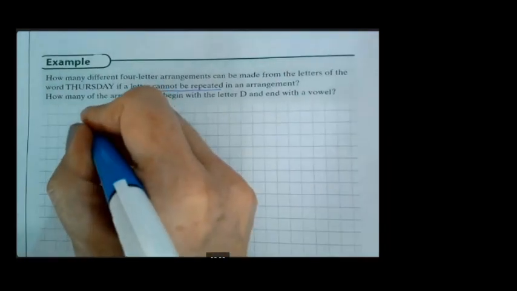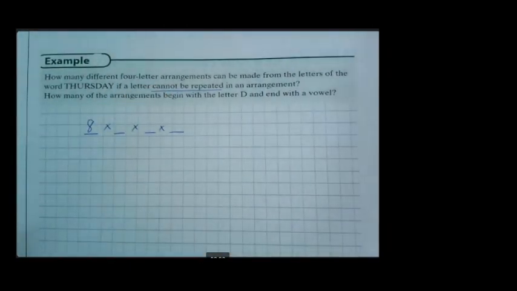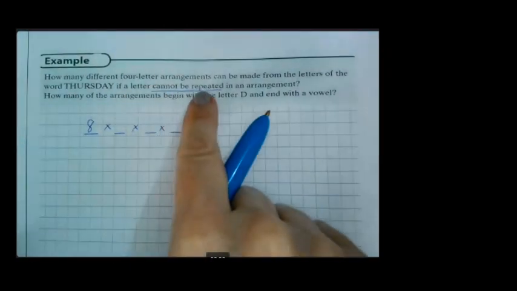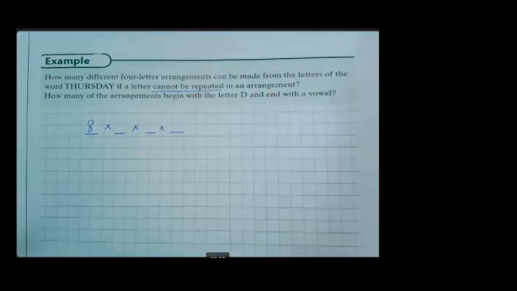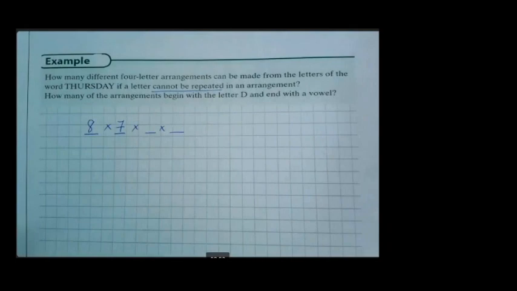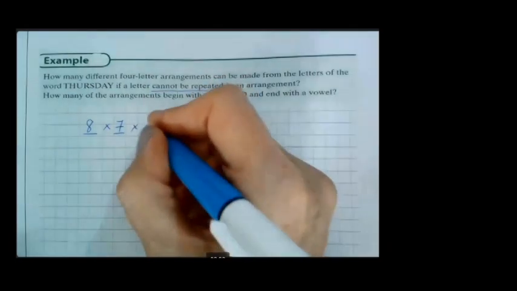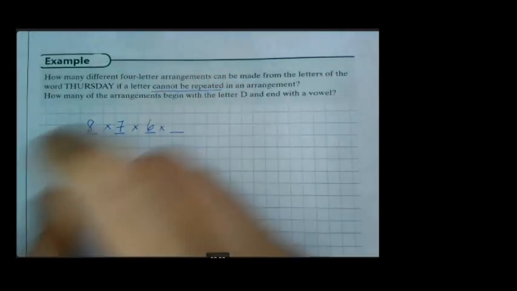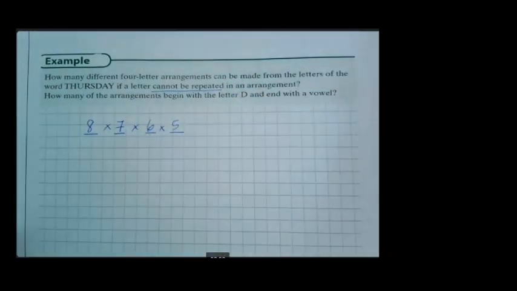The answer is 8. And then once one of the letters is in place, and it's obviously not available then to be repeated somewhere else, I only have 7 possibilities and options for the second position, 6 for the third position, and 5 for the fourth position.